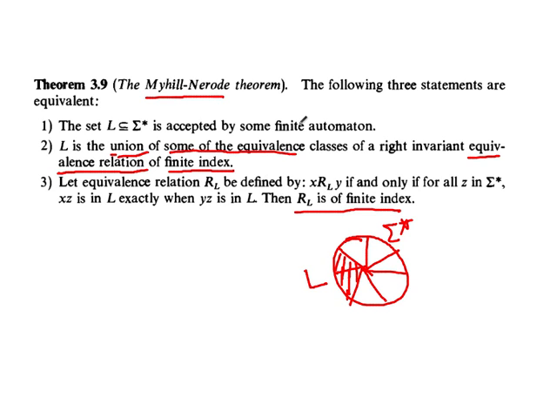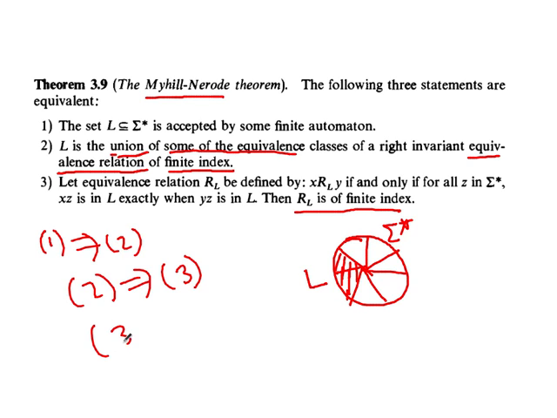The theorem says that all these three statements are equivalent. So if you have any one, then the other two are implied. The way we will prove this is we will prove that 1 implies 2, then we will prove that 2 implies 3, and then we will prove that 3 implies 1. If I do that, then equivalence between everything is proved. Why?